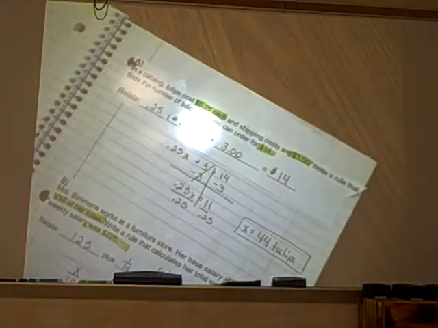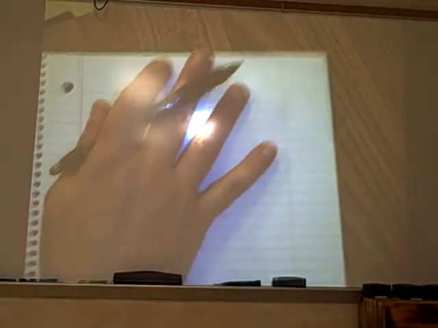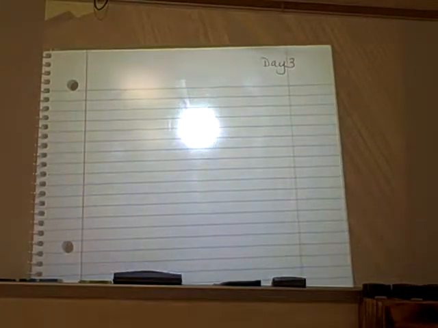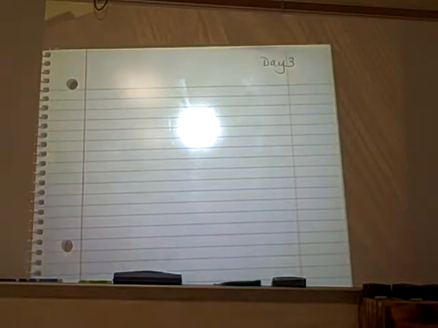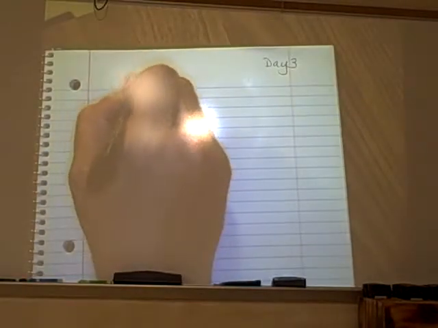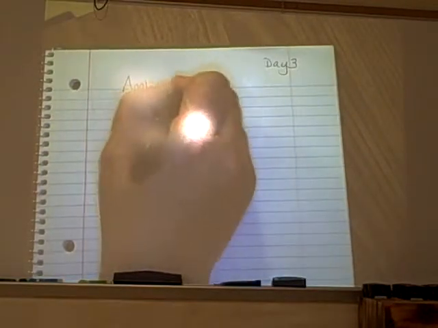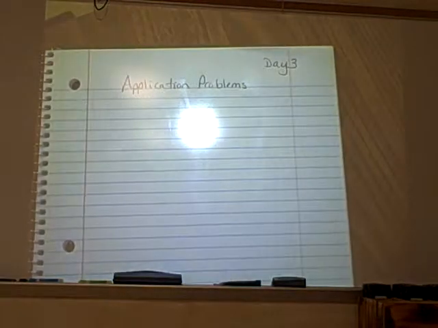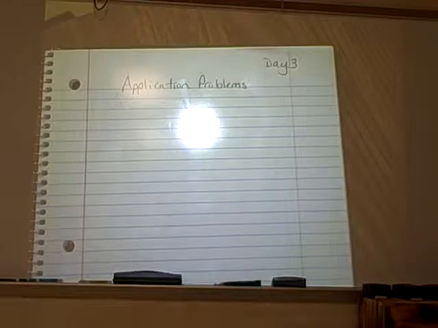Alright, so we're on day 3, I believe, of unit 3. Okay, and this set of notes is what we call application problems, which is just a fancy teacher word for word problems.